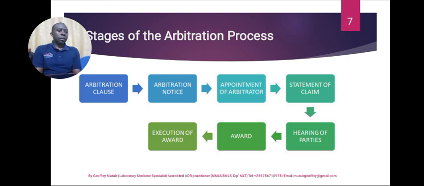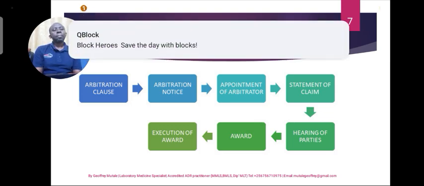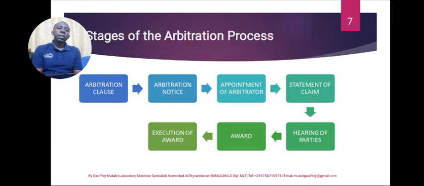So after listening and assessing the claims of the different parties, listening to the presentations, collecting the evidence, looking at the facts on the ground, and any other substance that may help you to make a ruling, to make an award, you go ahead and make an award in writing.